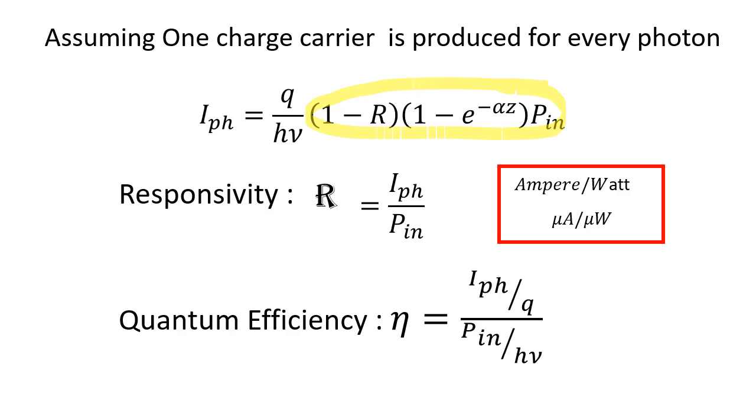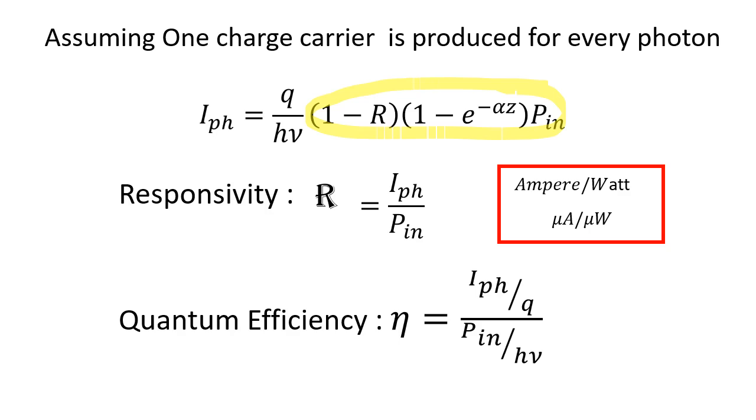And what one is saying is that for every photon, a charge Q is being generated, right? So you see that Q by h nu essentially tells me that for every photon of energy h nu, a charge Q is being generated, right? So this relationship, you can clearly check its units.